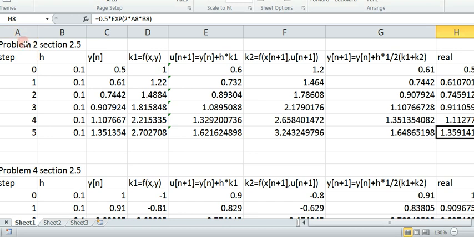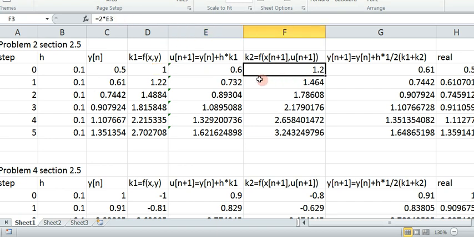Okay, so this is problem number 2. Here's my k1, which is going to be 2 times y, and y is going to be c3. And then there's my u n plus 1, yn, c3, the step times k1.